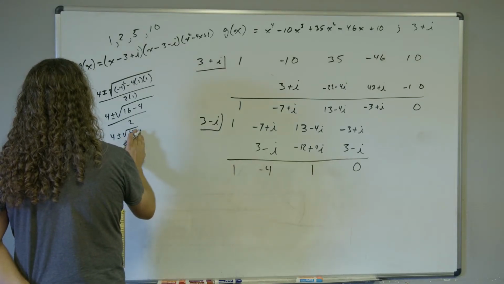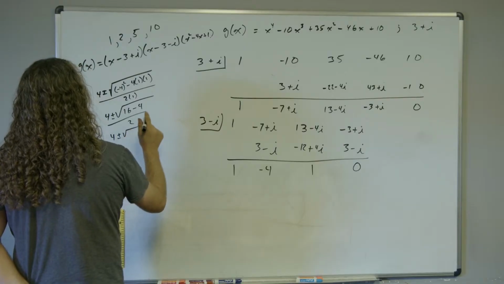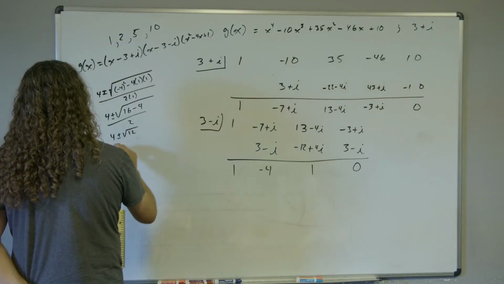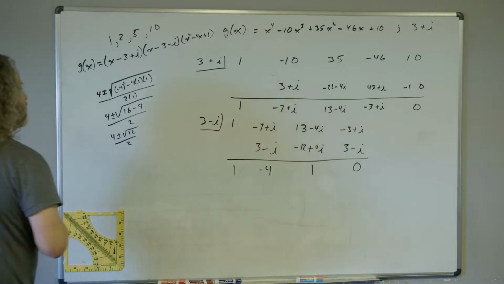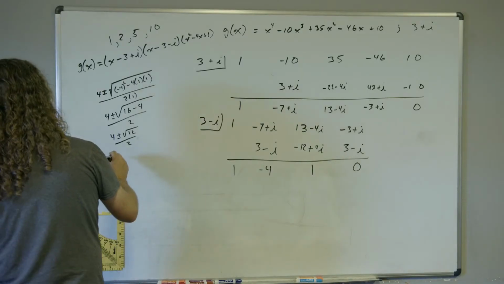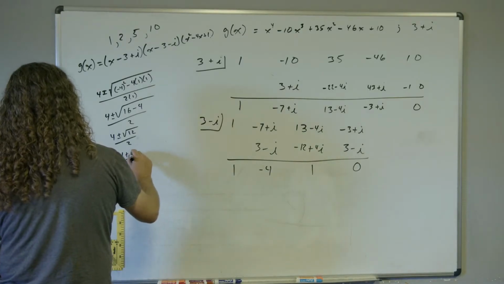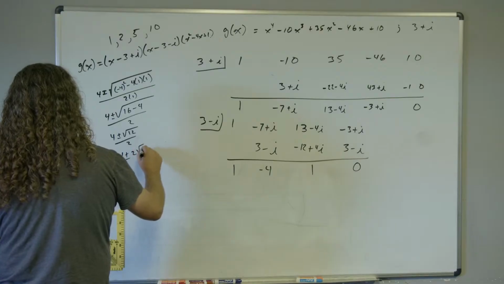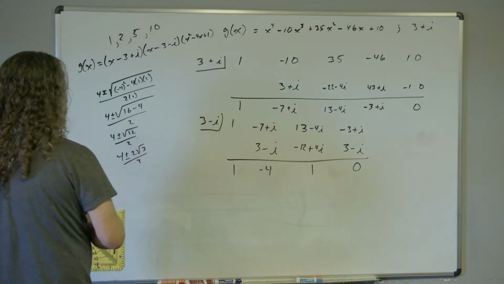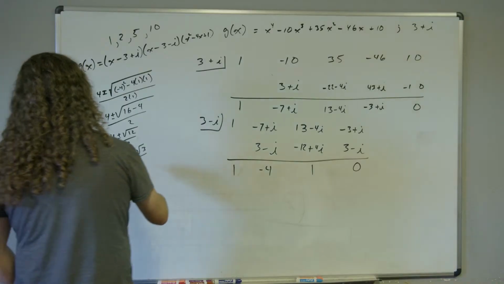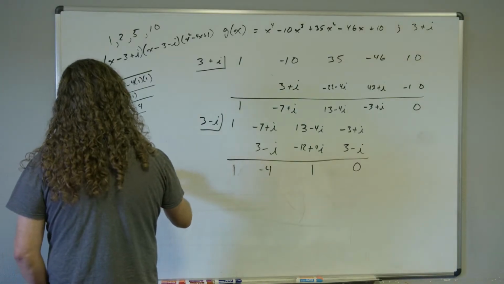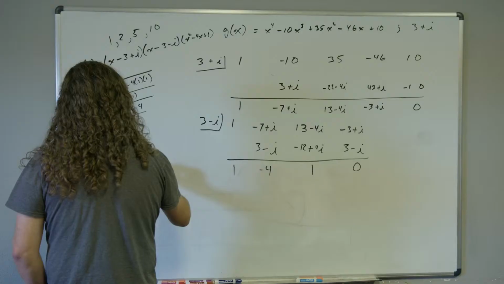Wait, yeah, it is 12. I don't know why I'm writing 4. 12 over 2. It would be 4 plus or minus 2 times the square root of 3 over 2. We take away the 2 and get 2 plus or minus the square root of 3.